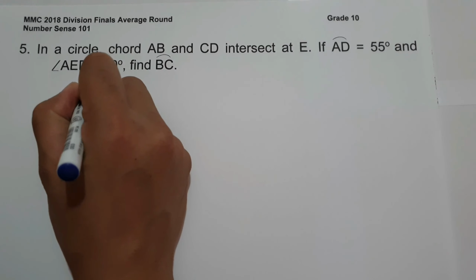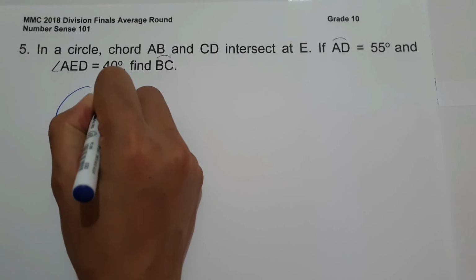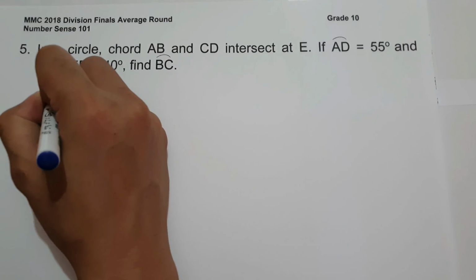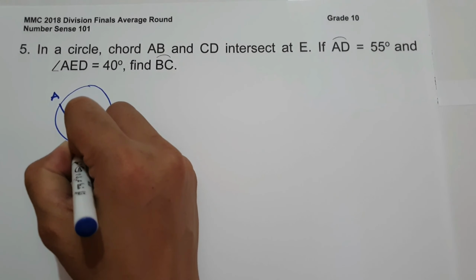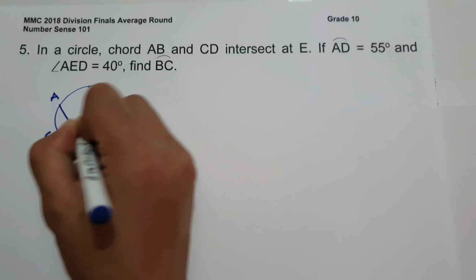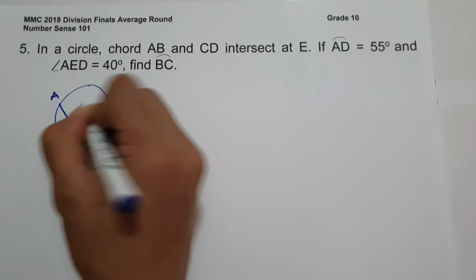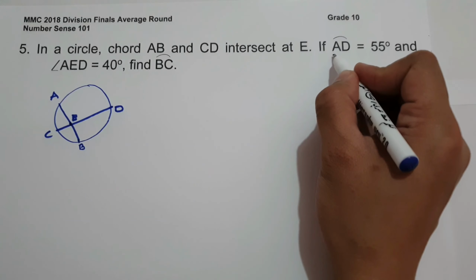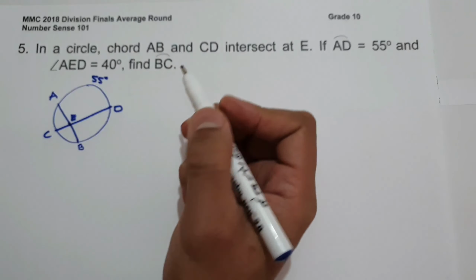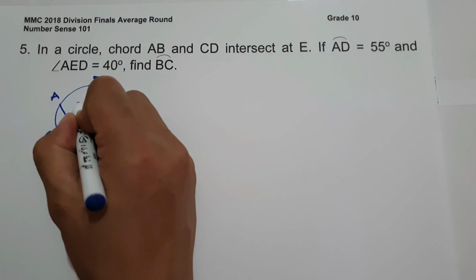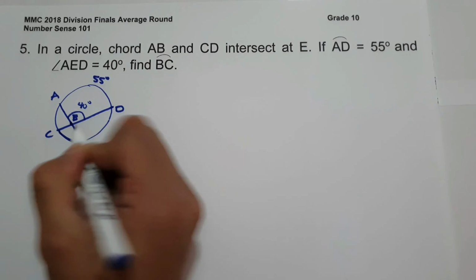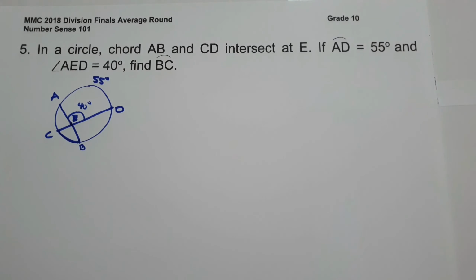So if we are going to have a circle and we have chords AB and CD, and E, that is the point of intersection, the measure of arc AD is 55 degrees and the measure of angle AED is 40 degrees. We are looking for arc BC.